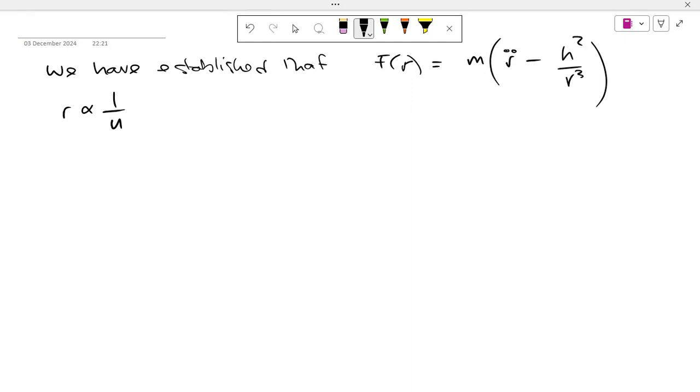And actually, what we find is that r is equal to 1 over u. So it's inversely proportional to the velocity. And in this particular case, probably because it's in astronomical units or something like that, the constant of proportionality that would normally go here, that is 1.